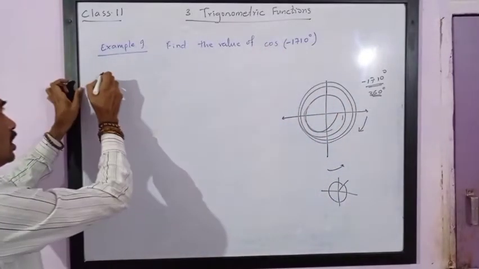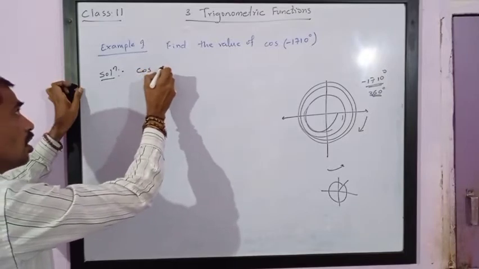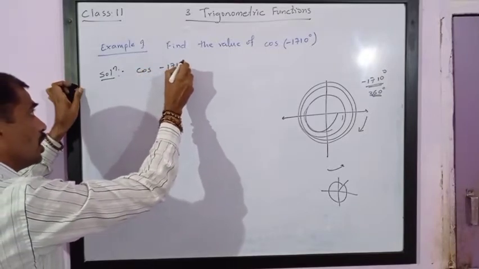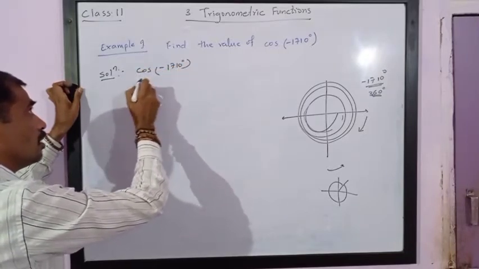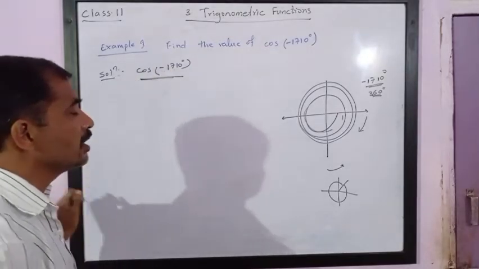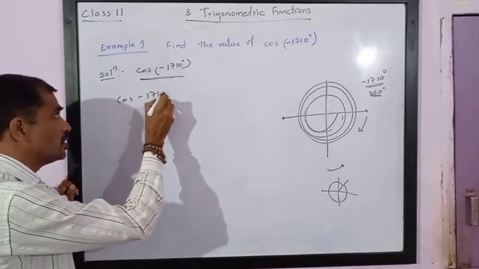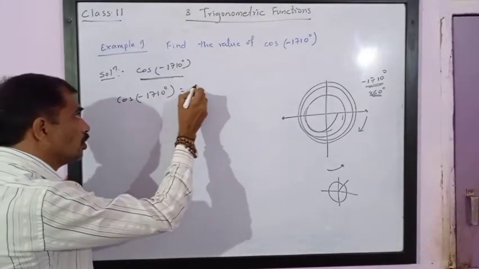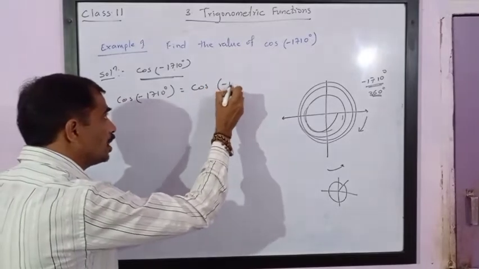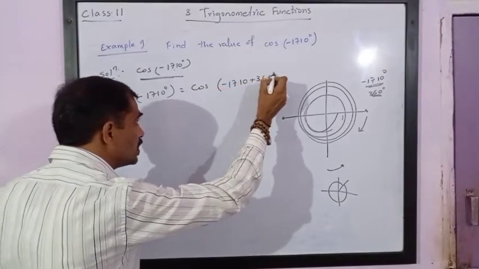So we are given cos of negative 1710 degrees, and we are asked to find the value of this. Now please add 360 to this. So cos of negative 1710 degrees is equal to cos of negative 1710 plus 360 degrees.